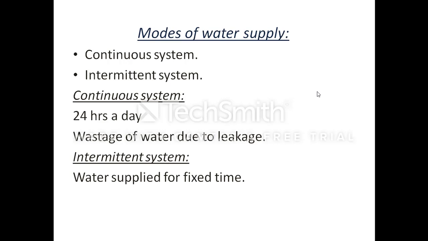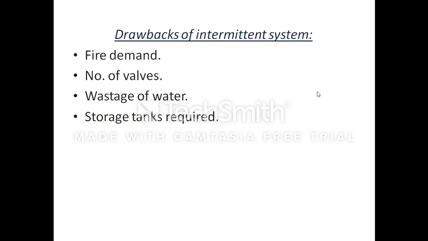Now, in case of intermittent system, it's that system of water supply where the water is supplied for some fixed time or it's not supplied for 24 hours a day. Say the water can be supplied for 4 hours in the morning and 5 hours in the evening. An intermittent system is not the ideal system and it has got many drawbacks.